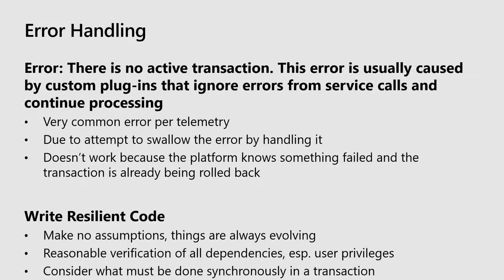And we have found that some people have made certain assumptions about the order in which things will be called. For example, if they put a step on the update of a quote entity, sometimes the quote is updated because there's a revised quote message above it that updates the quote.